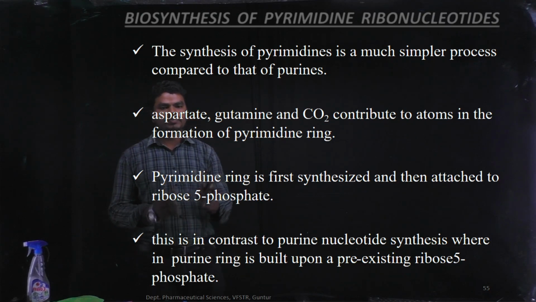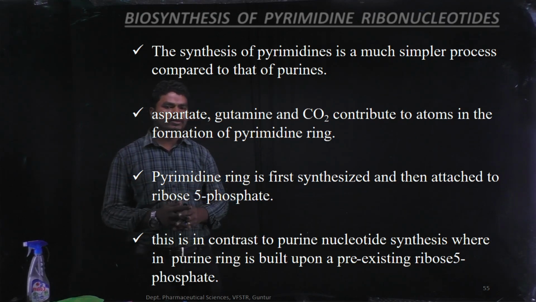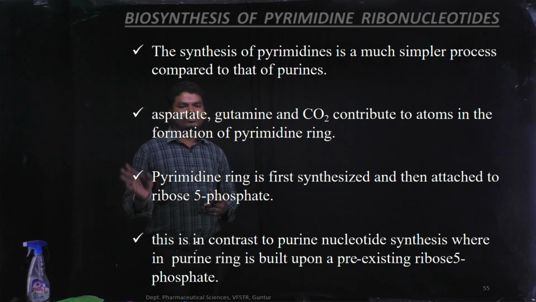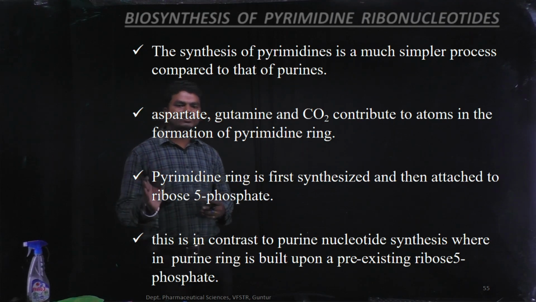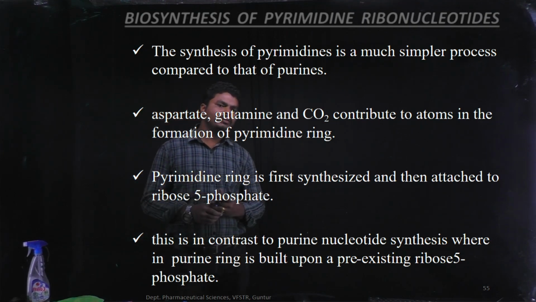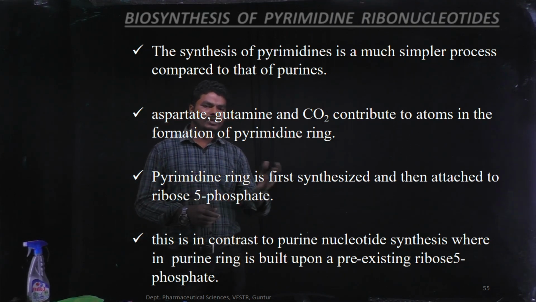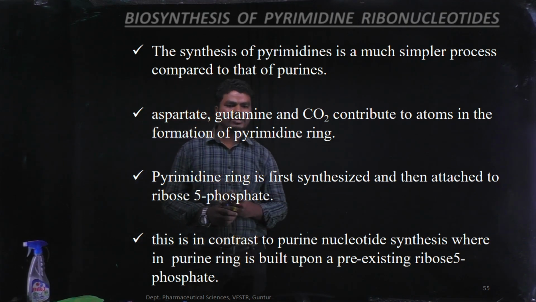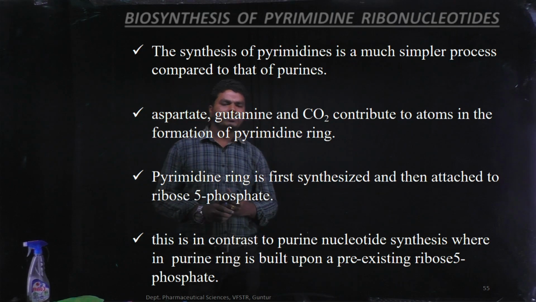In purine, different types of molecules are required to contribute the atoms, but in pyrimidine, only aspartate, glutamine and carbon dioxide are sufficient.